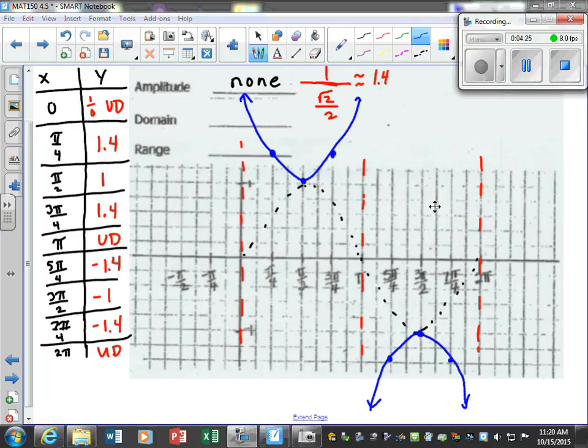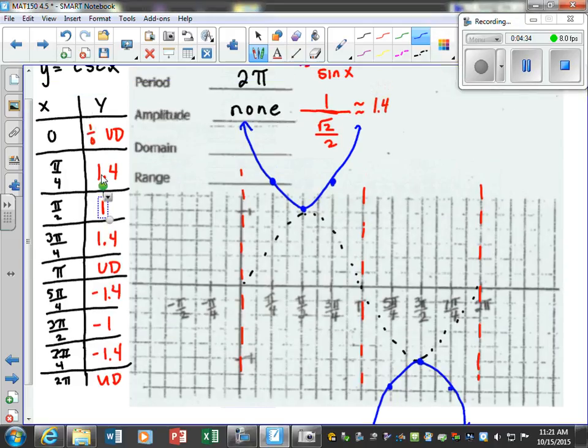Okay, so precisely the blue graph is going to be your parent graph of cosecant x. And like I said, a lot of times the easiest thing to do is to sketch a sine graph and then to sketch your images based on that.